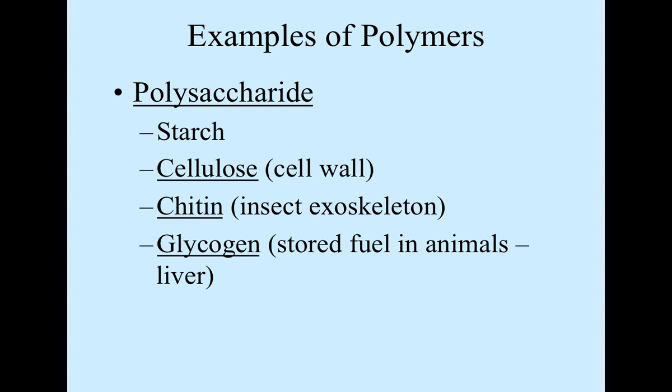Chitin is part of insect exoskeleton, so when you step on a bug and they go crunch, that crunching sound is because the chitin is breaking. Glycogen in animals is actually our stored fuel. We store our ready supply of fuel in our liver in the form of glycogen. So those are our carbohydrates.